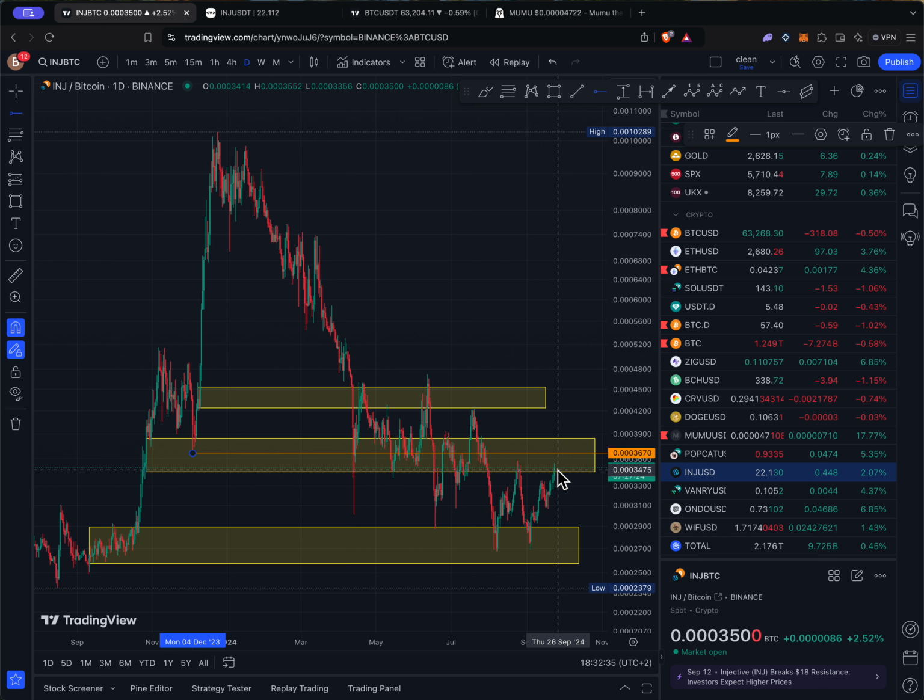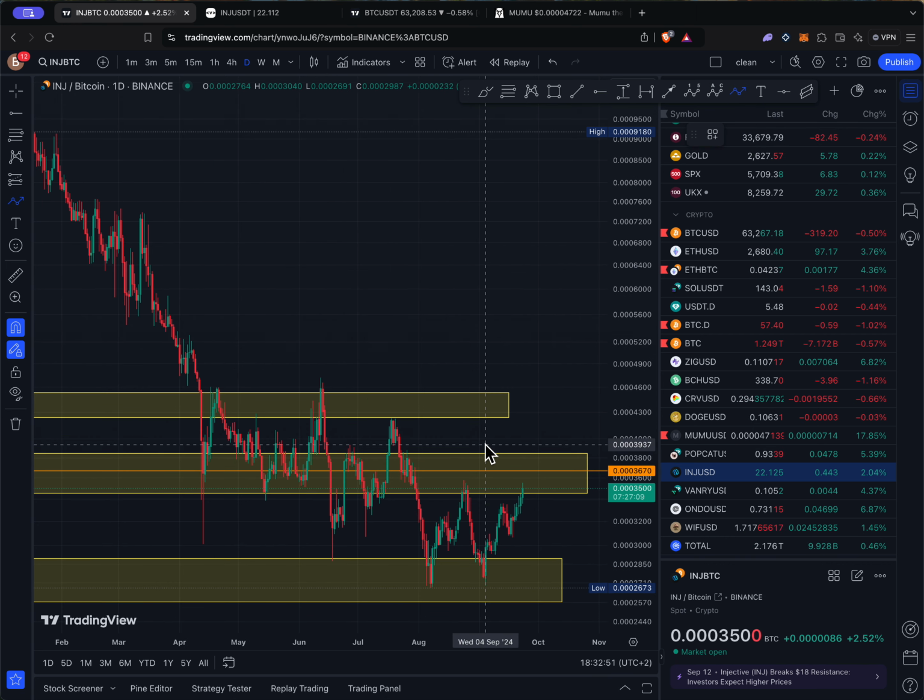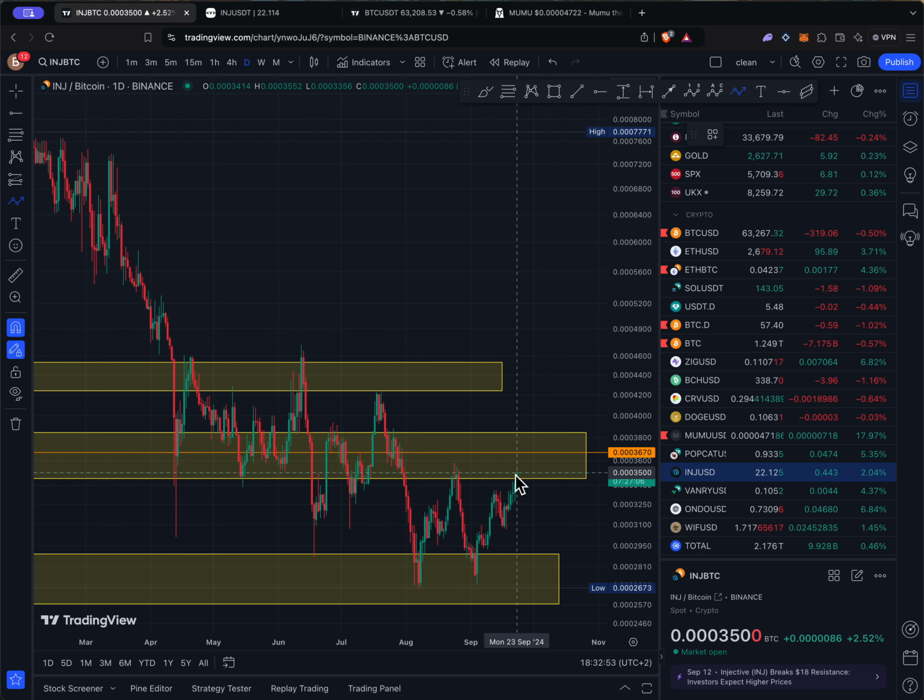So we are just approaching and going inside this daily order block on the pair INJ Bitcoin. And also here, the most probable move could be at least going towards the resistance, bullish, retesting in here, and this is the bull case, of course.